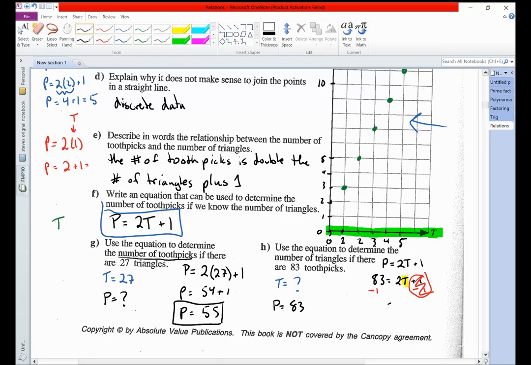So now I've got 2T on this side, and 83 minus 1 on this side, which gives me 82. Now it's 2 multiplied by T, and I want to get rid of that 2, so I'm going to divide. What I do to one side, I have to do to the other. 2 over 2 cancels, so on this side I'm left with T. And 82 divided by 2 is 41. So that means if I have 83 toothpicks, I'm going to have 41 triangles.